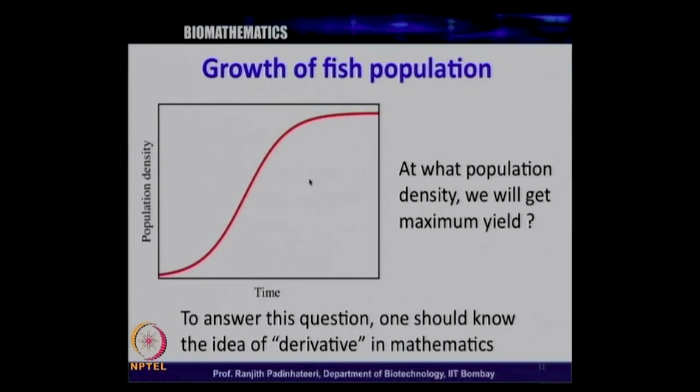So let us take this fish case, now let us ask this question: at what population density will you get maximum yield? To understand when we get maximum yield, one has to understand the mathematical idea called derivative.